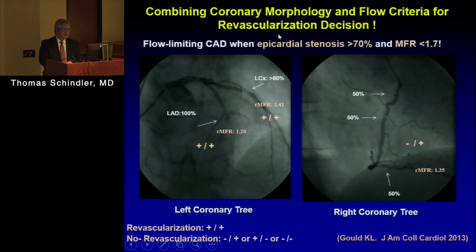And then you see for the LAD, it was both positive, also for the LCX, and for the RCA, it was borderline because we had only one positive, that was the flow reserve less than 1.7, here 1.35. And the lesion was less than 70, only 50, but keep in mind we have 3 lesions here, 50%, so there's added resistance.